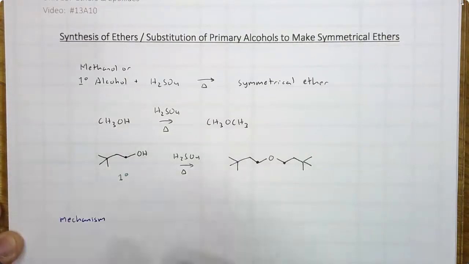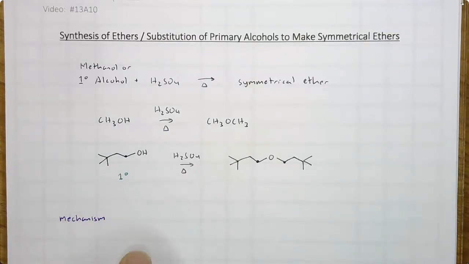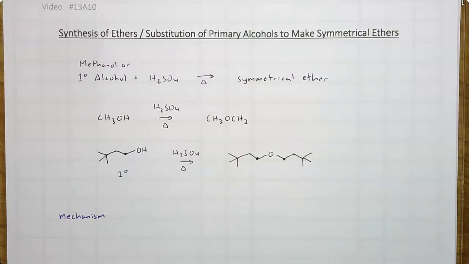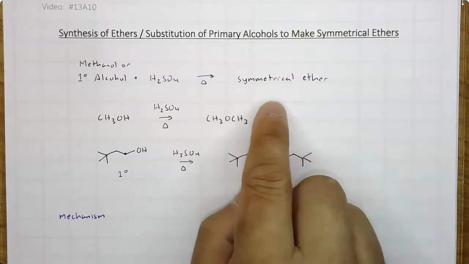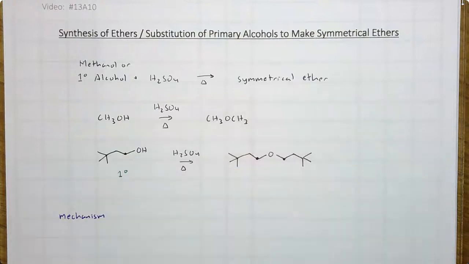Some of you may have caught that this looks very similar, identical actually, to a reaction that you've done in the past, and I will explain how to choose whether to do this reaction where you make the ether or the other reaction. I might as well just tell you now.